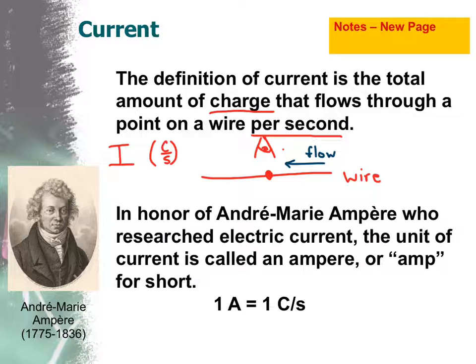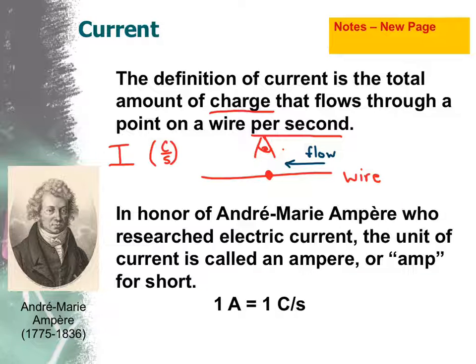Okay, but we actually give that unit a special name, in honor of André Marie Ampère, who did a lot of research on electric current. And in his honor, we call the unit of current an ampere, or an amp for short.